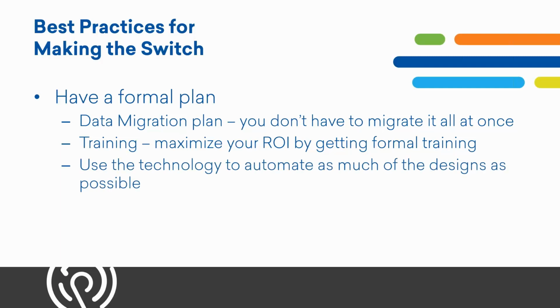And again, just like you saw from Loretta, leverage the technology to automate as much of it as you can, right? So whether you're using 3D Interconnect or you're using some 2D to 3D translation tools, or maybe configurations like Loretta showed, we can do families of parts very quickly.